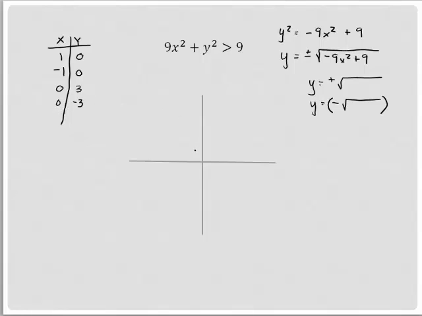Let's try and do this. 1, 2, 3. X is 1, y is 0. I'm going to draw this a little out of proportion. 1, 2, 3.